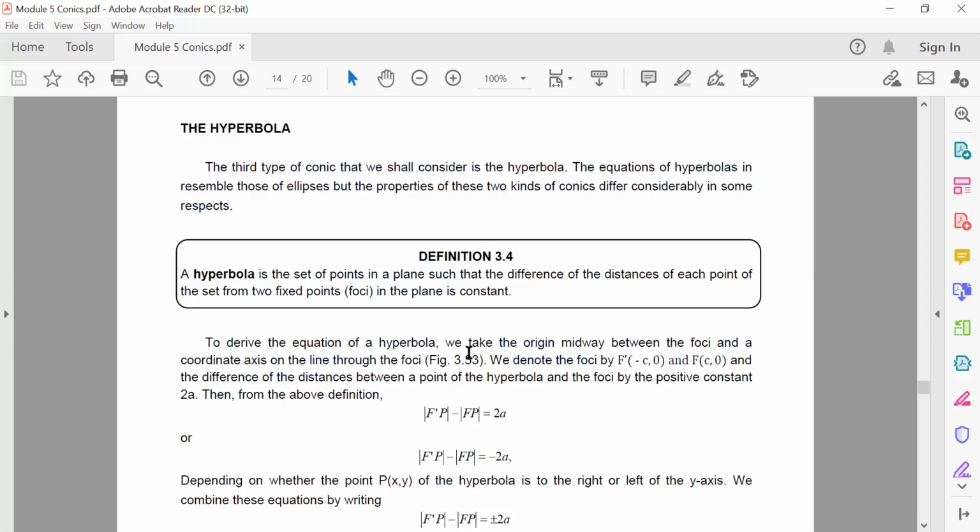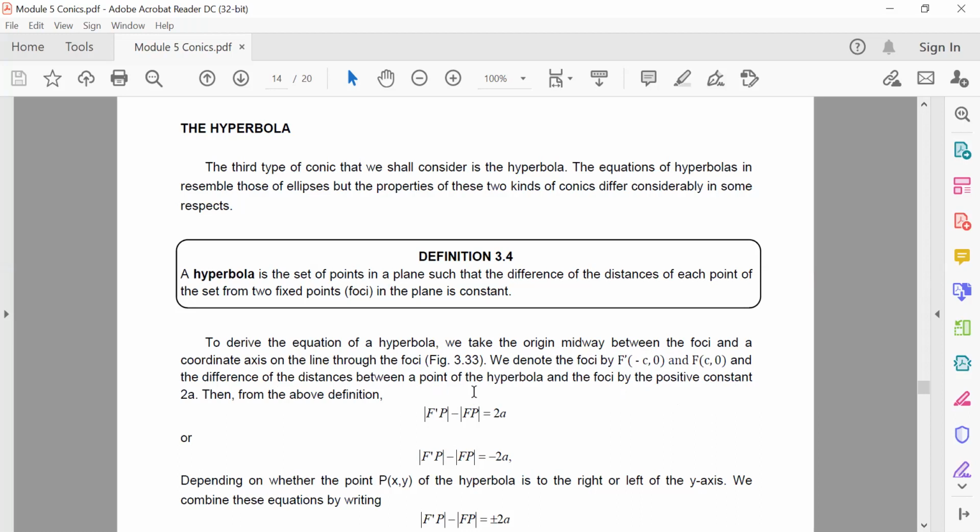So to derive the equation of the hyperbola, we take the origin midway between the foci and a coordinate axis on the line through the foci. We denote foci by F prime, that's negative c, 0. Di ba ang foci, the coordinates is positive, negative c, 0 if the major axis is along or on the x-axis.